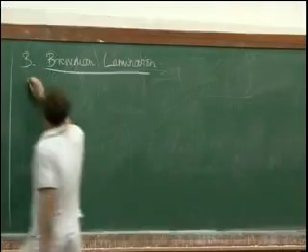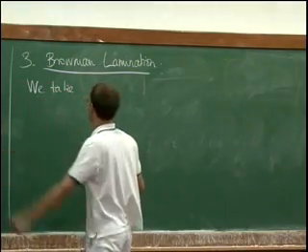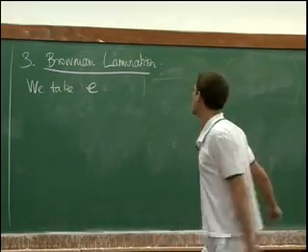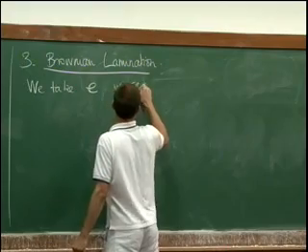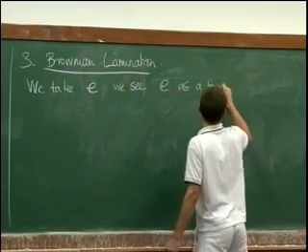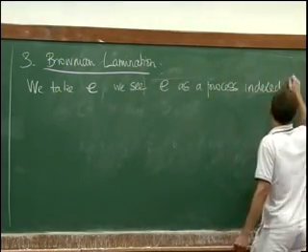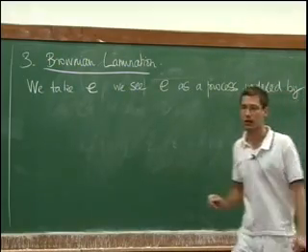We take our friend, the Brownian excursion E, and we see E as a process indexed by S^1, the closed unit circle.